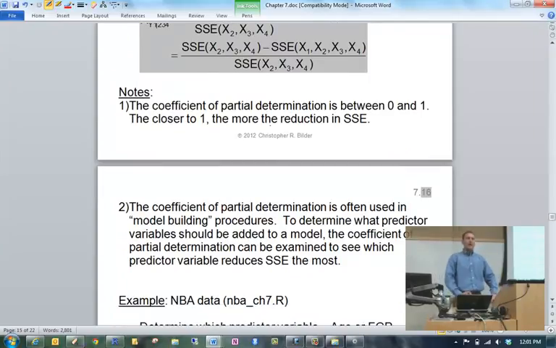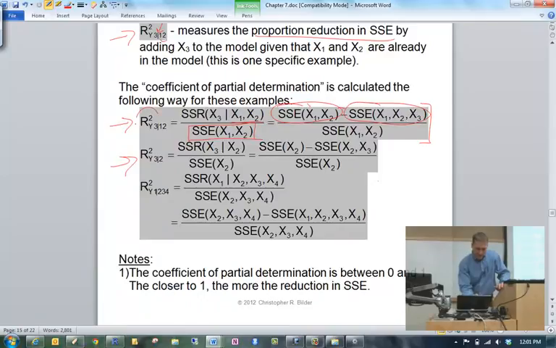So, if you're hoping, in this particular case right here, that x3 is important to include in the model, you want your coefficient of determination to be as large as possible, as close to 1 as possible. If instead this coefficient of determination is close to 0, that says, okay, this x3 is not really helping out.